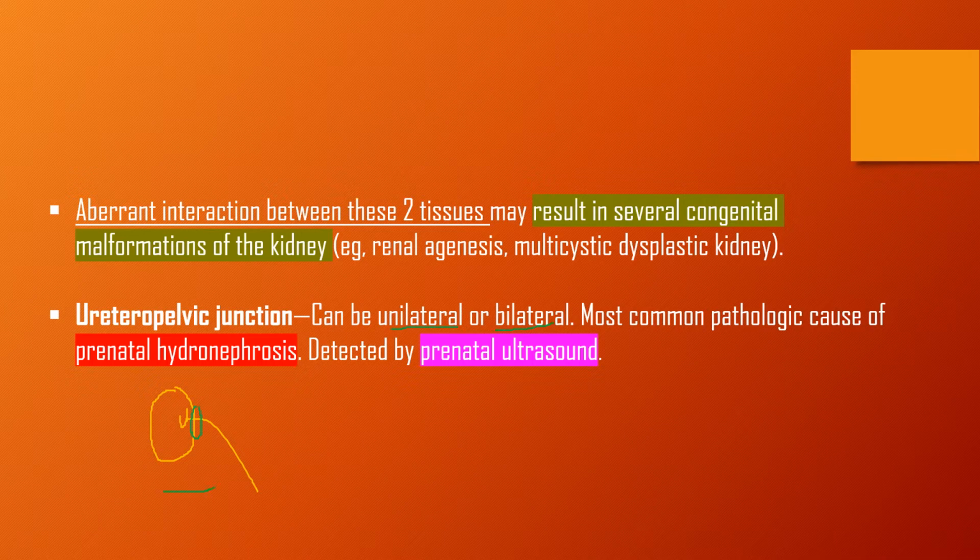So this is the unilateral and this one is the bilateral. It is the most common pathological cause of prenatal hydronephrosis, and it is detected by prenatal ultrasound.